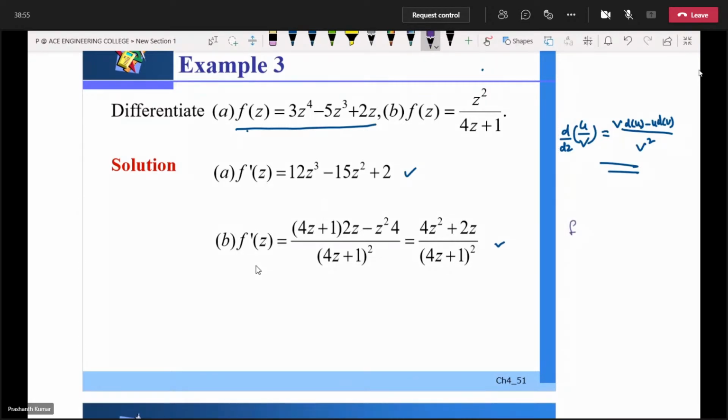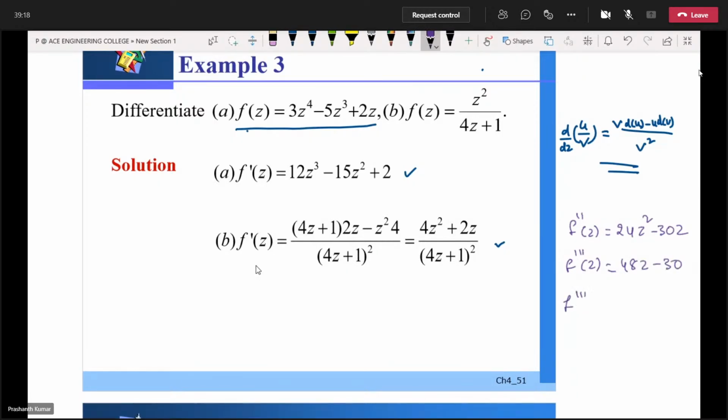But what is f double dash z? This is equal to 12 threes are 36 z square, 24z square minus 15, 2 fives are 10, 30z. Again you differentiate this one, triple dash z, 24 twos are 48z minus 30.